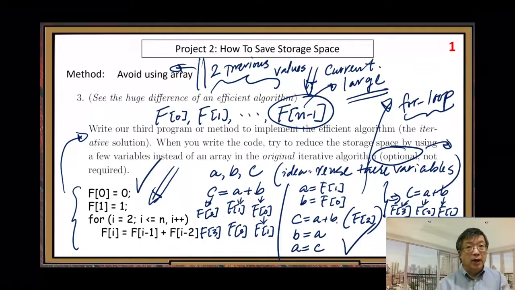All right, so that's the D.6 video. After that, we will have the last video, D.7. I want to talk about the Java BigInteger class, how to use it in our calculation. After that, you have all the pieces of knowledge you need to solve this project number 2.